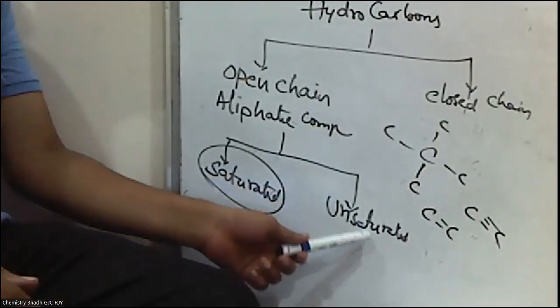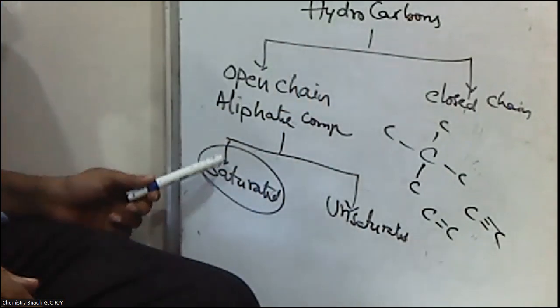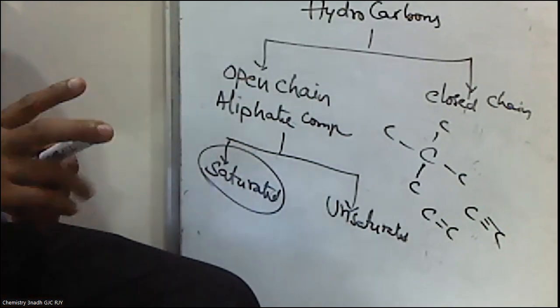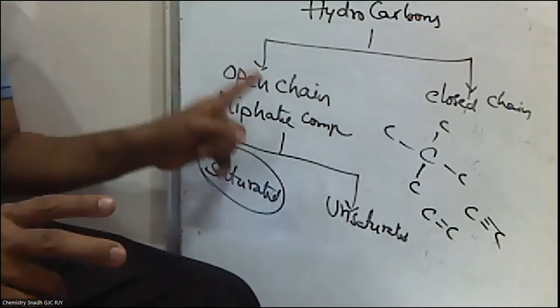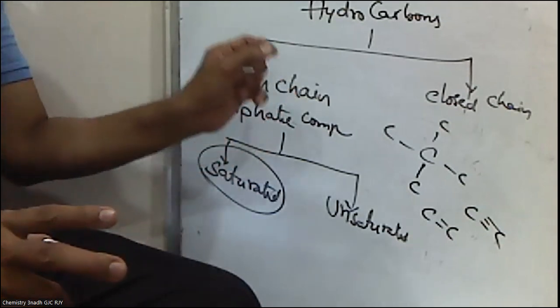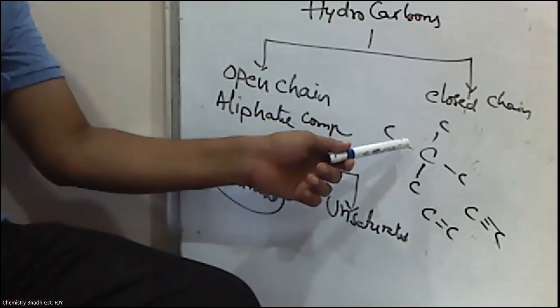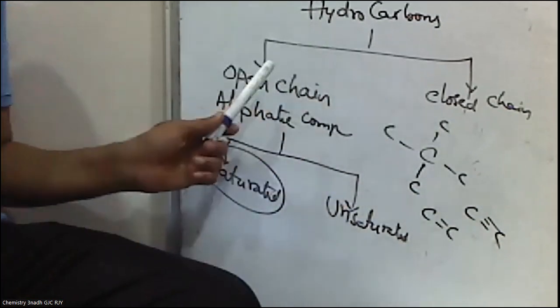Those are called unsaturated open chain hydrocarbons. Saturated hydrocarbons are the organic compounds having carbon and hydrogen, in which all the valencies of carbon are filled only with carbon single bonds.